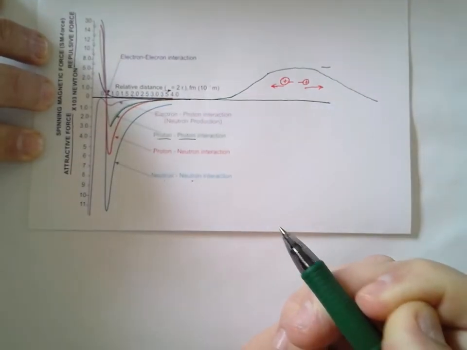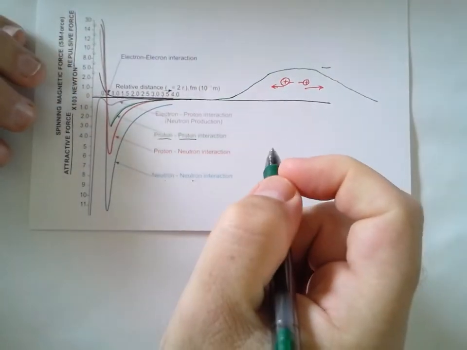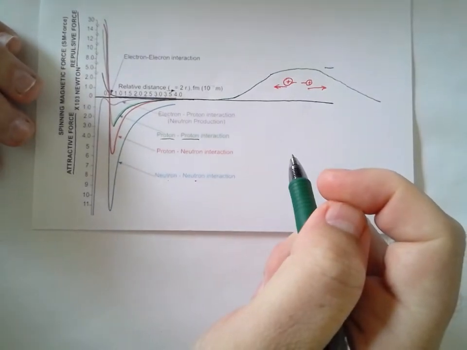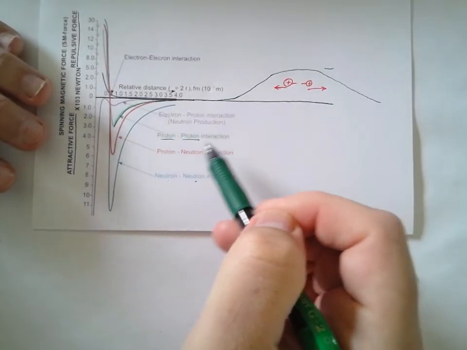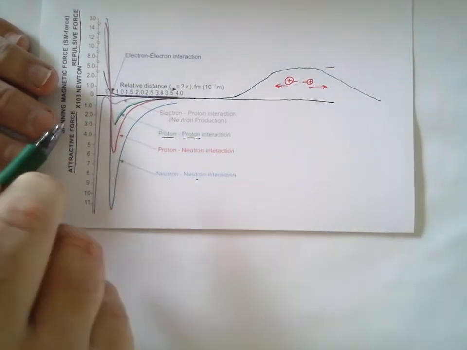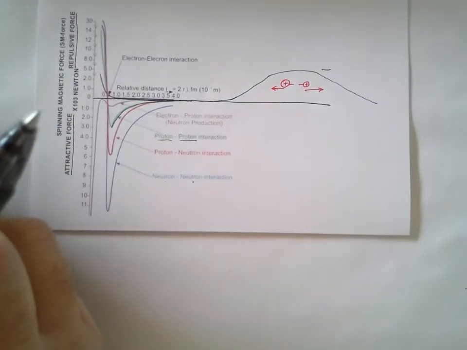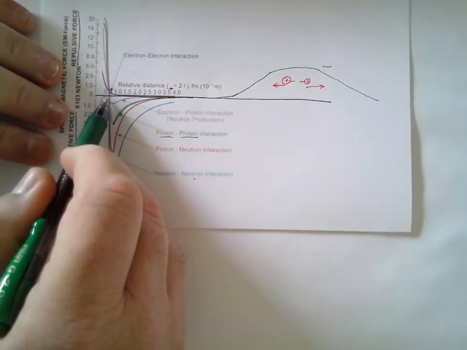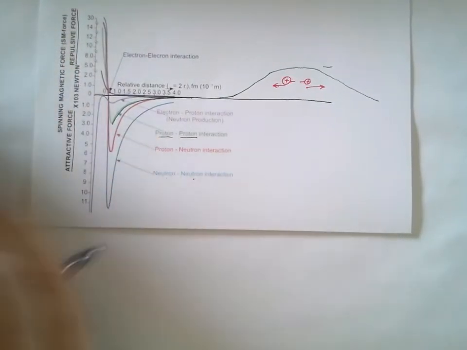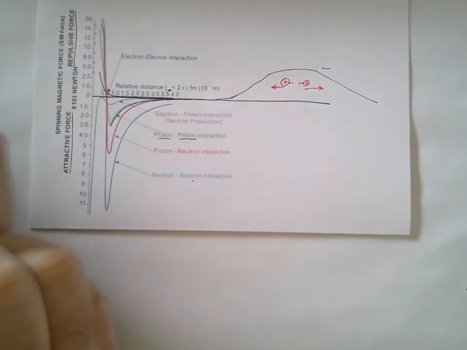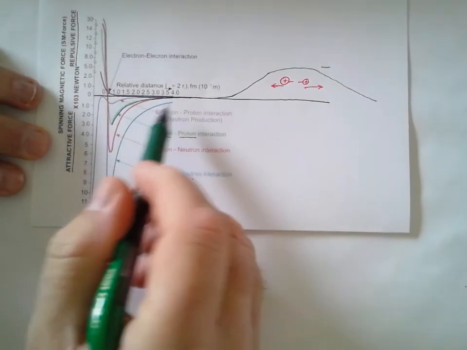Now, if we bring them even closer, closer than a femtometer, getting into 10 to 100 femtometers, they're touching and squishing into each other. Then they turn and become repulsive again. That causes them to push away, so they're ejected out.